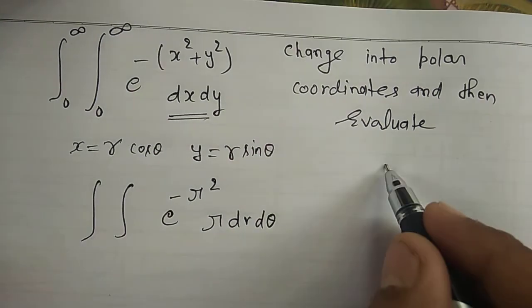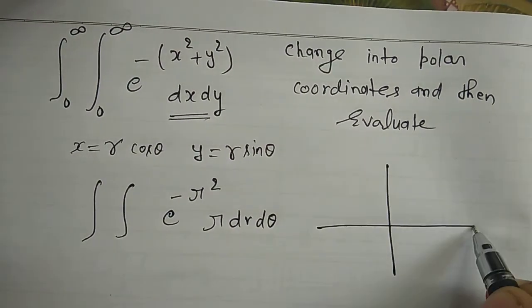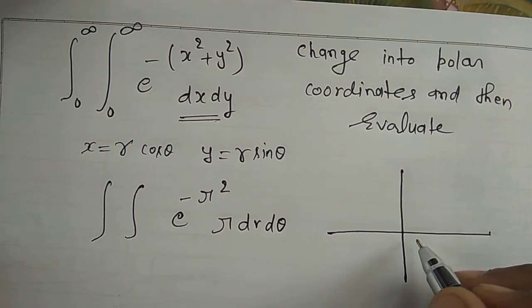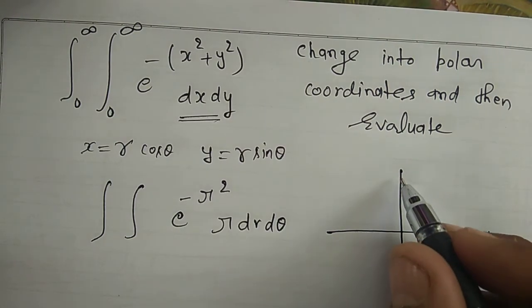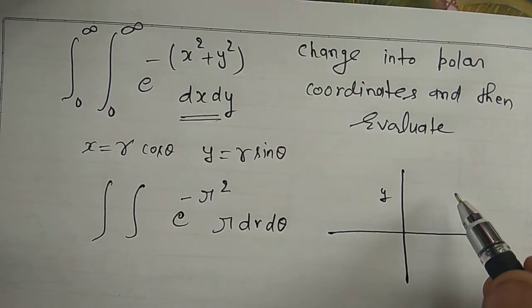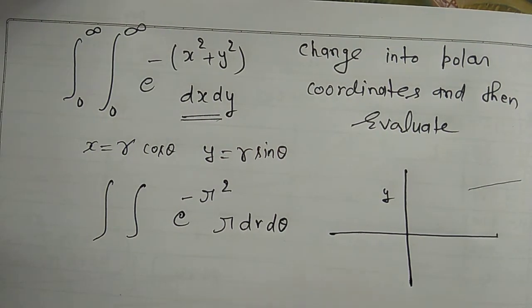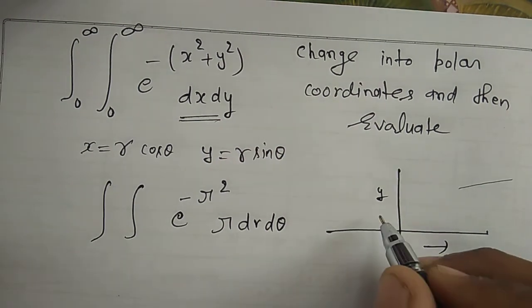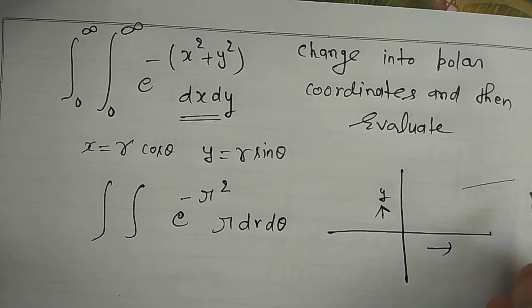For that we'll try to draw the region of integration. So x equal to 0 means the y-axis, and x equal to infinity means it will keep on going. Similarly y equal to 0 means the x-axis, and infinity.